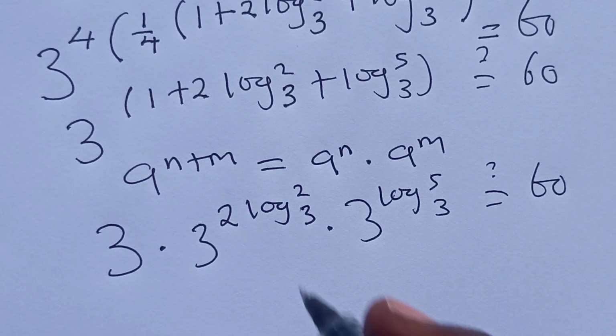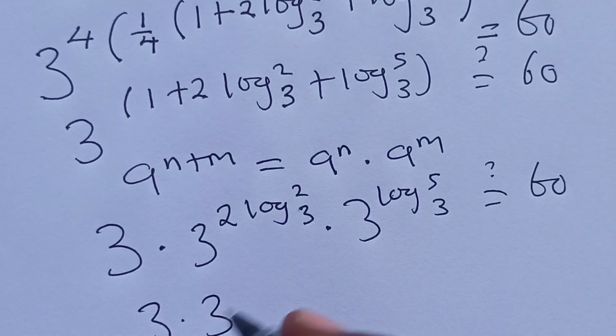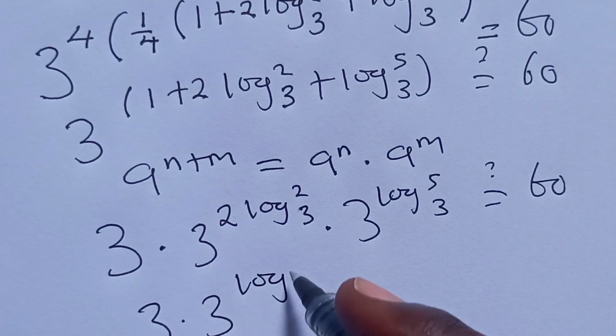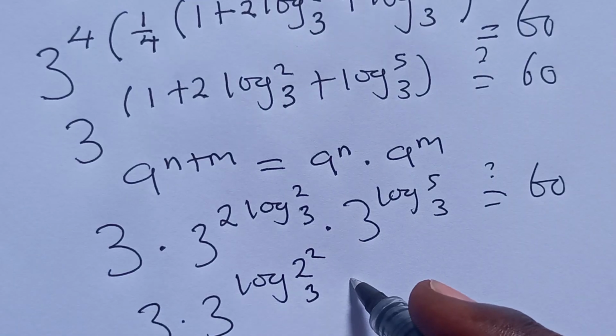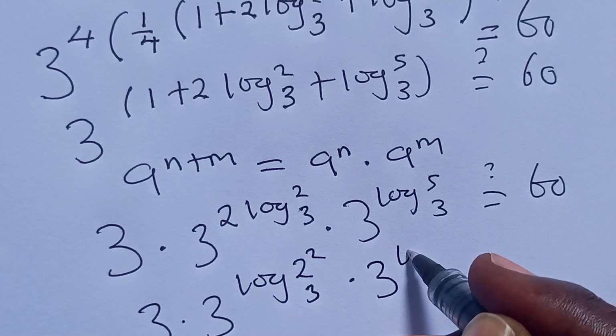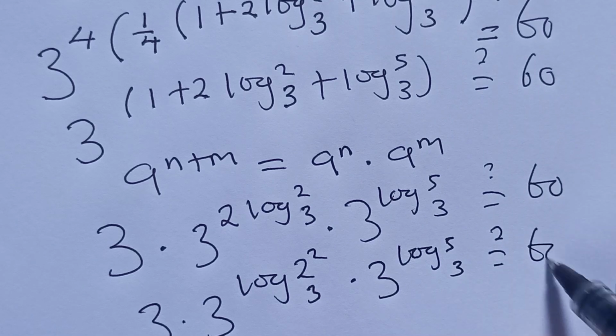Note that we can take this 2 back, so that we have 3 times 3 to the power of log_3 2 squared, times 3 to the power of log_3 5. Let's see if that will be 60.